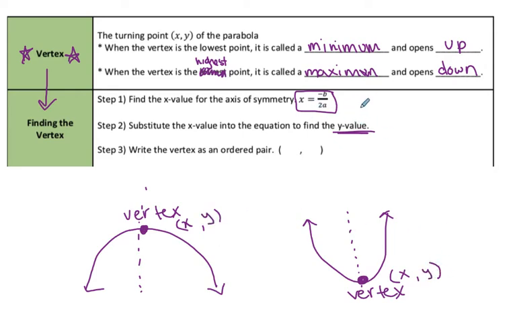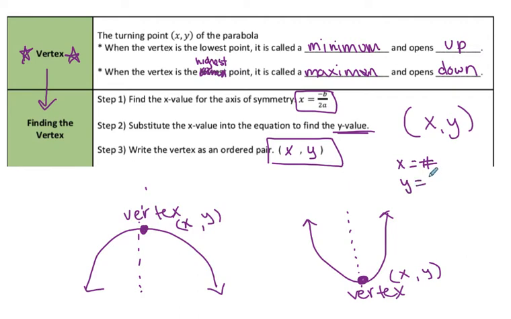This will give us our x and y coordinates. Write the vertex as an ordered pair. So I don't want two little equations. I don't want it to be x equals some number and y equals some number. We want it written as the coordinates. X comes from the axis of symmetry, y comes from plugging it in.